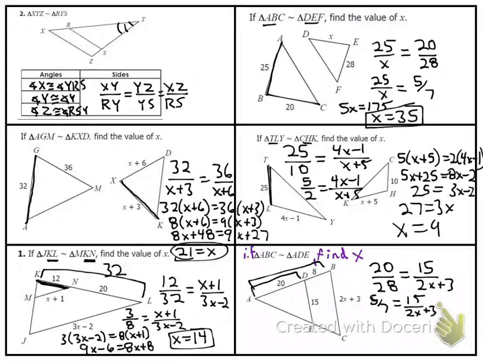By cross product, we get 5 times 2x plus 3 equals 7 times 15. What we can do here is divide both sides by 5, and what this gives me is 2x plus 3 equals 7 times 3, because that becomes a 3. So it's 21. We subtract 3, we get 2x equals 18, and x equals 9.